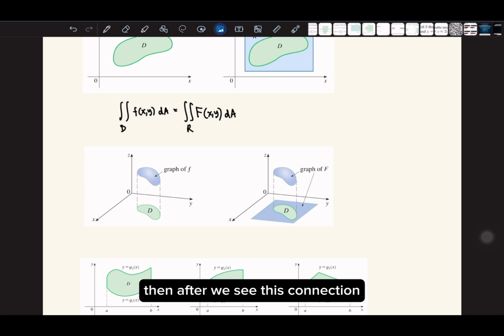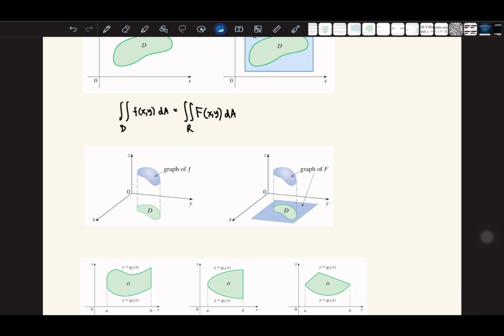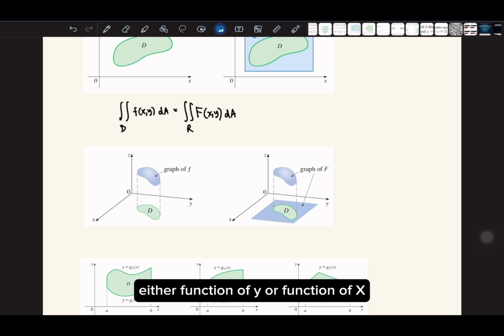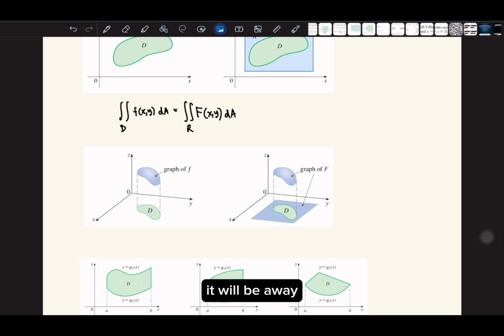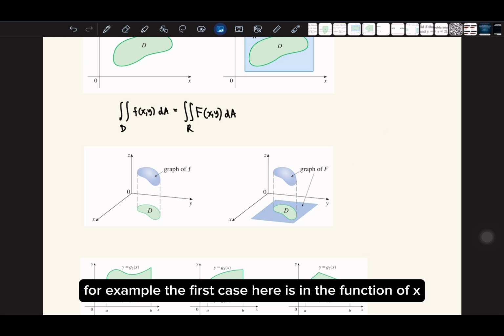So then, after we see this connection, we see if we can define this D in terms of a function, either a function of y or a function of x, either way. For example, the first case here is a function of x.